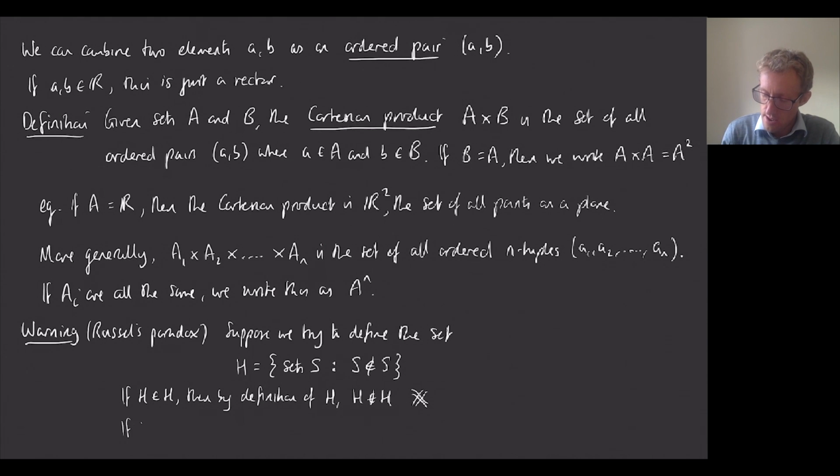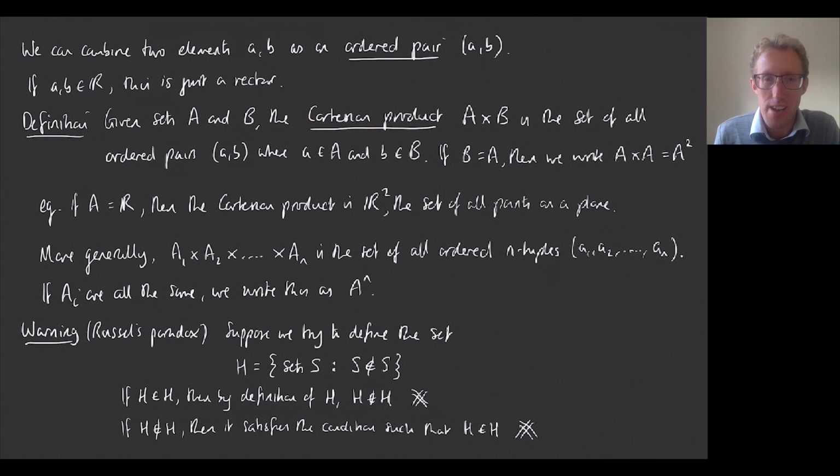On the other hand, if H is not in H, then it satisfies the condition such that it is in H. So H doesn't seem to be either in itself or not in itself. And so that's also a contradiction.